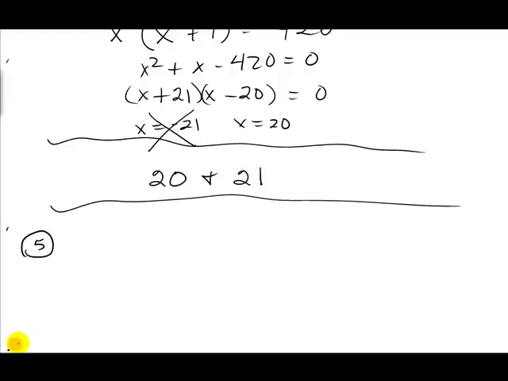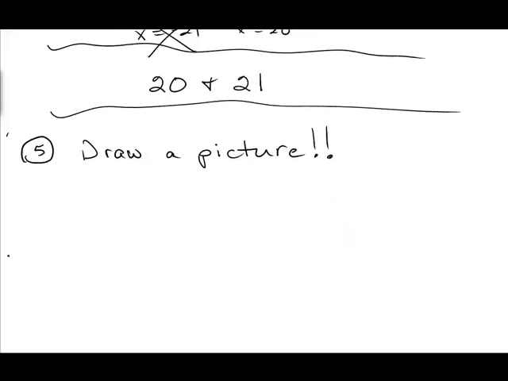For number 5, it will be very helpful if you draw a picture. Anytime you have a word problem and you can draw a picture, it is very helpful. So I'm going to go ahead and draw my little building and shade it in a little bit.